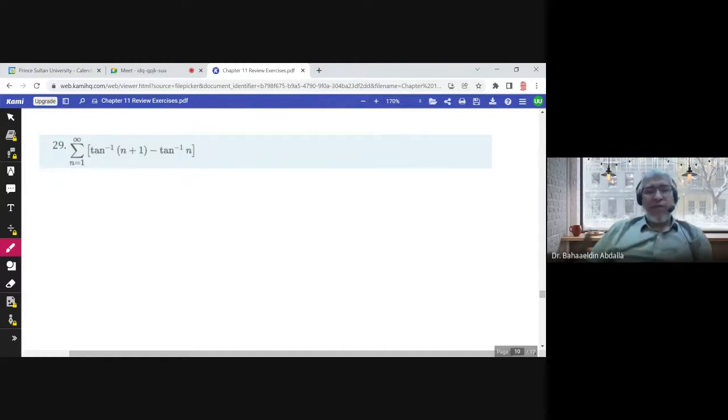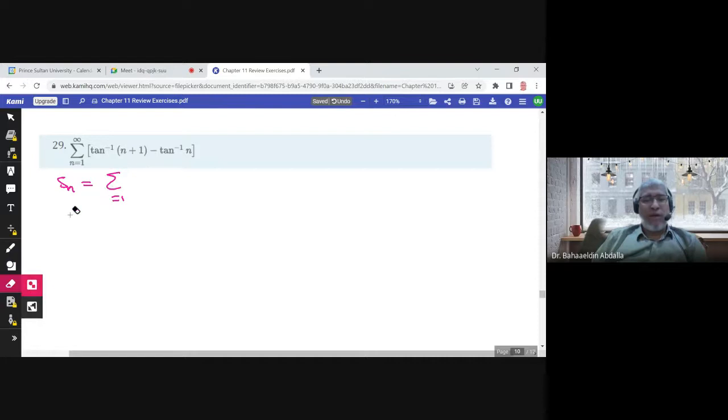Here we have a telescoping sum. So let me find Sn, the nth partial sum, the sum of the first n terms. So it's summation from, let us say, i equals 1 to n of tan inverse (i plus 1) minus tan inverse i.